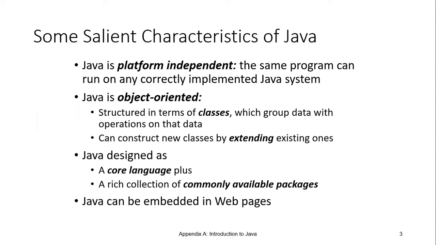Java is platform independent, in the sense that the same program can run on any correctly implemented Java system. It never bothers about the platform, while you know that C is a platform dependent language.